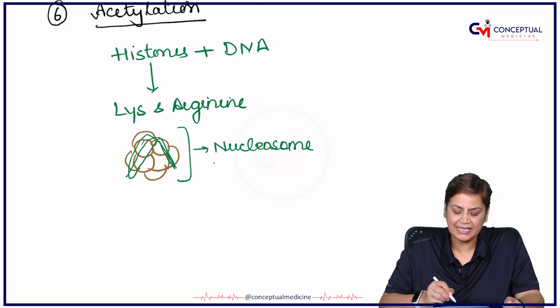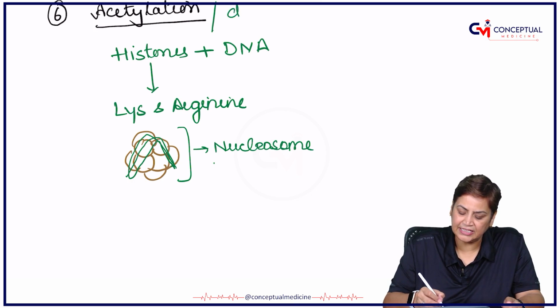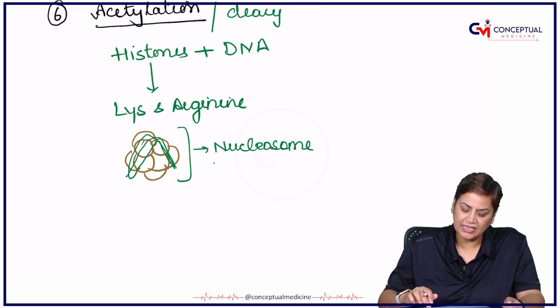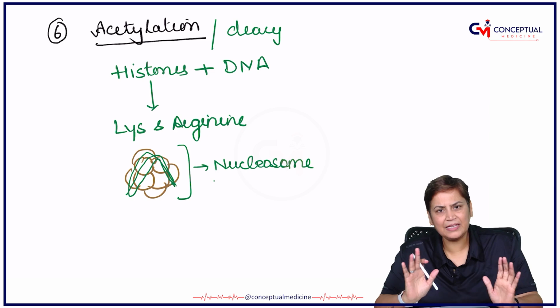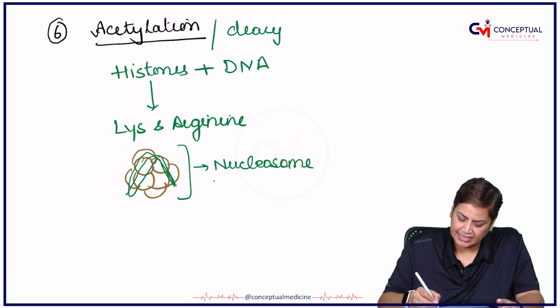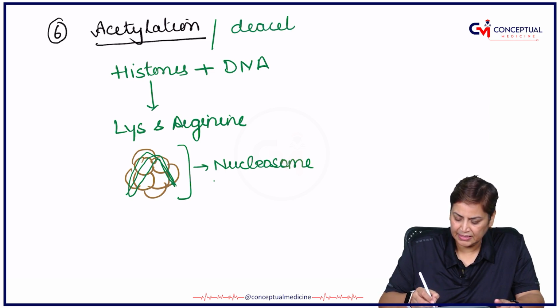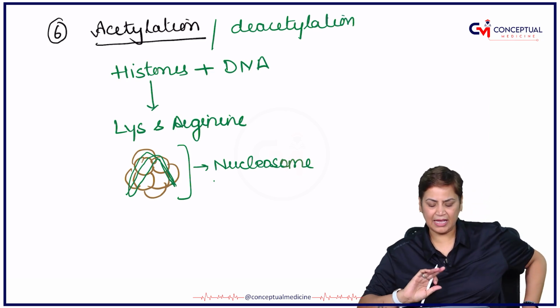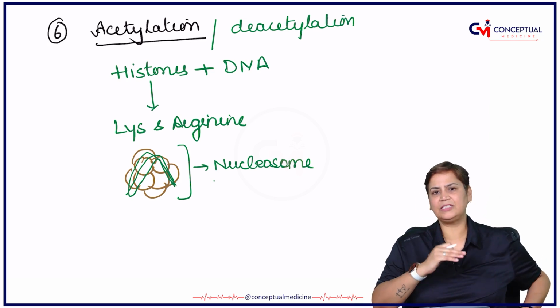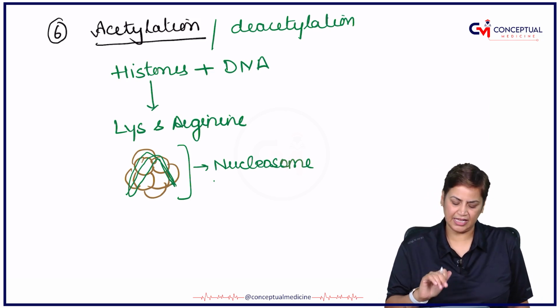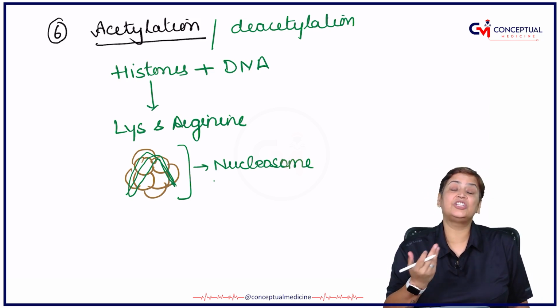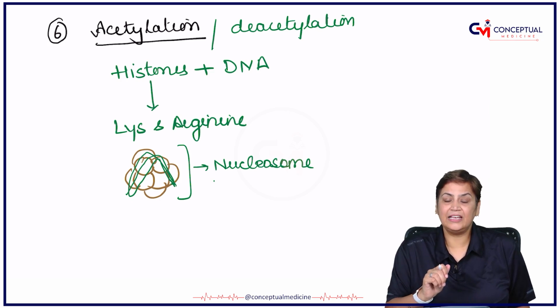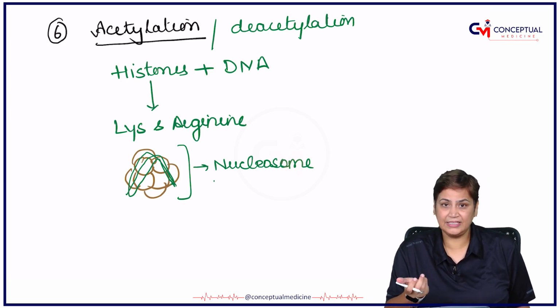So what is nucleosome? It is actually DNA with histones. Now what happens is acetylation and deacetylation, because these are the processes which are taking place simultaneously. So removal is there, addition is there. Acetylation is the addition of an acetyl group, deacetylation is the removal of an acetyl group.